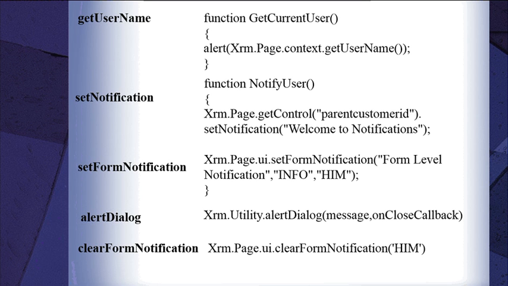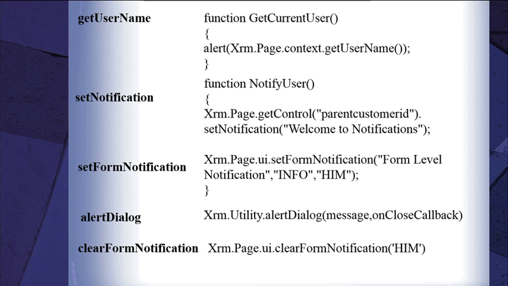Another function that we have is set form notification. Here we are passing three parameters. The first one is the notification message that we want to display to the user, and the second one is the parameter to display the icon, such as information, confirmation, alert or error.